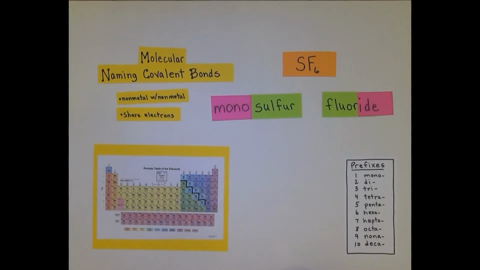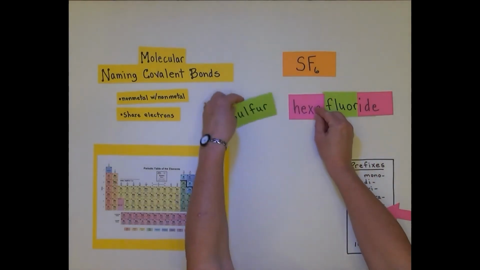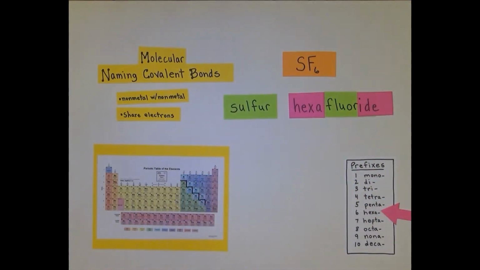Now, a lot of people would think that that's what you need to do. However, if it's the first element and there's only one of them, then we don't need the mono there, so we're going to take that away. Then we look at the fluoride, and it has 6, and we find that is hexa. So we're going to squeeze hexa in here, and so now we have sulfur hexafluoride, and this is used in the manufacture of fertilizers and in making glass.